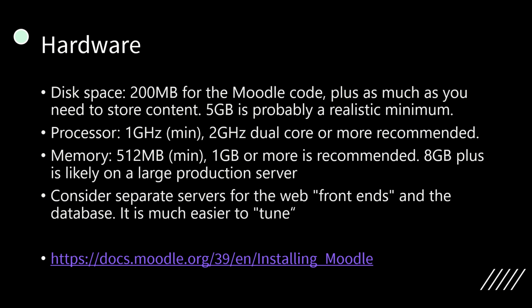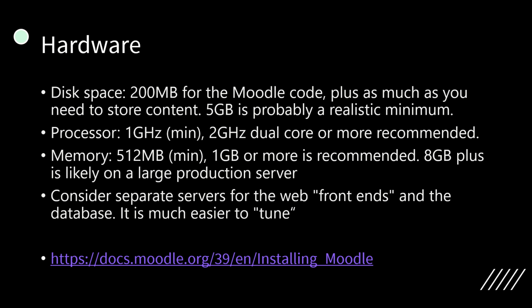For memory, 8 GB plus is for large production servers when the number of users is high. The architecture is to create a separate application server and database server, so it is much easier to fine tune your servers when you get more traffic.